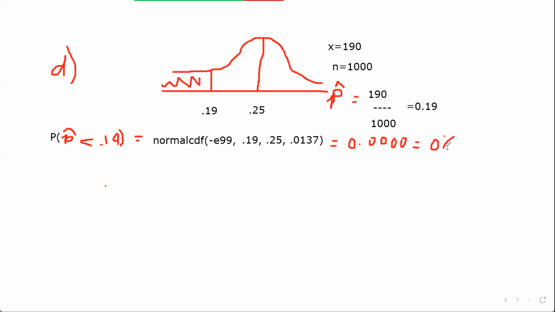Now, most of the questions are not that small. Most of them are not. That's another reason why I wanted to do this one, because this one has extremely small percentages, but you do it the same way.